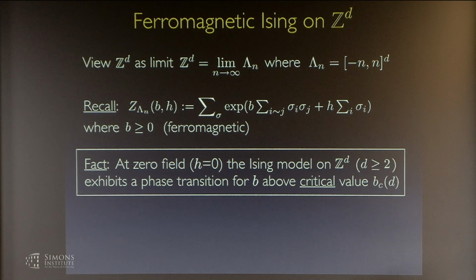It turns out that at zero field, when h is 0, the Ising model exhibits a phase transition when the interaction parameter b is above a certain critical value, which depends on the dimension, okay? And not otherwise. This is the only place where you get a phase transition.